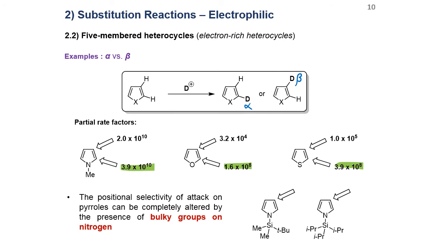But if you want to react at the beta position, you can do this by introducing a bulky group at the nitrogen, which will block the alpha attack and lead to attack at the beta position as the major product. After the reaction finishes, you can choose to remove this bulky group at the end as well. The reason why the reaction prefers the alpha over the beta position will be mentioned in other lectures.